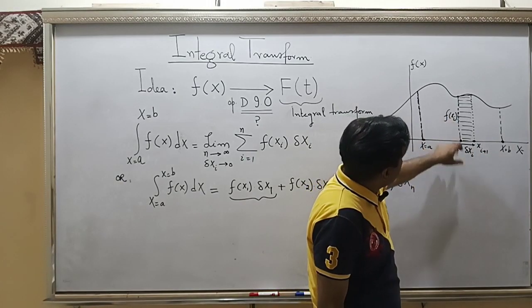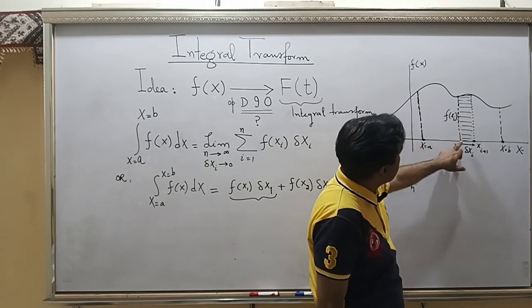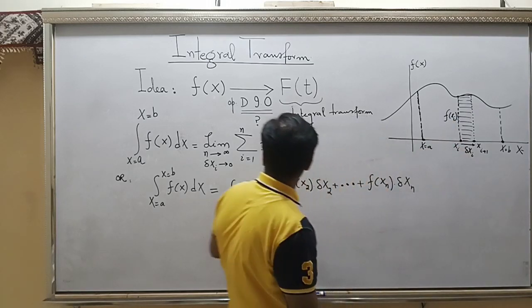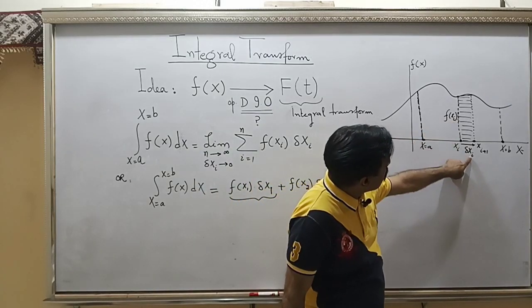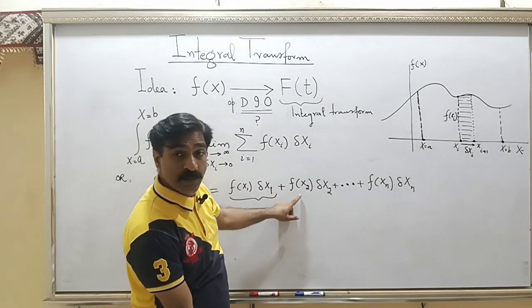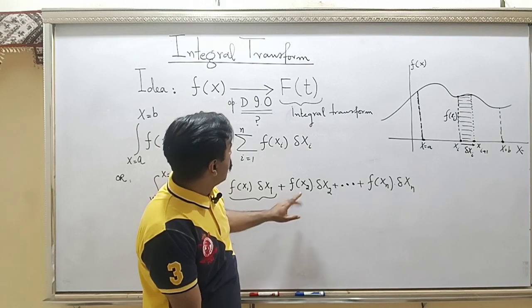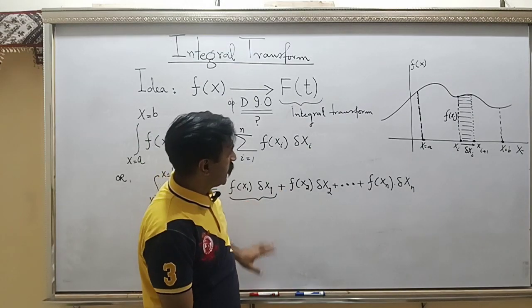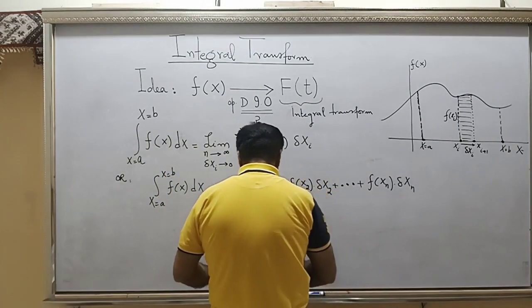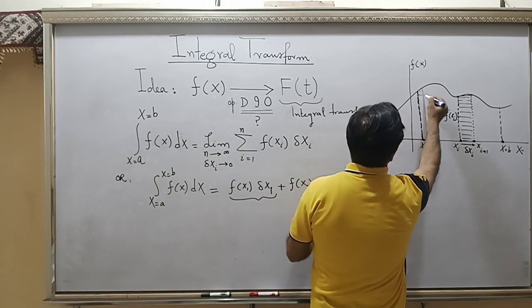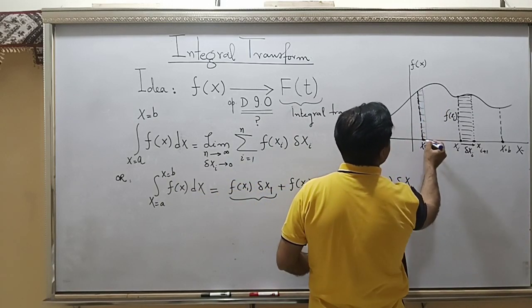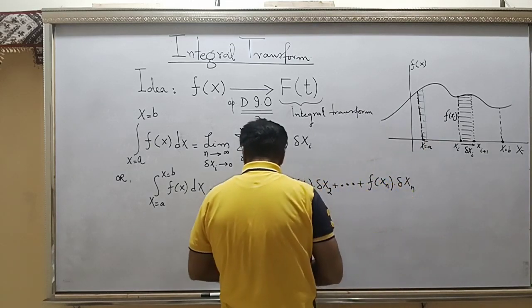Now, if i is 1, then it is f(x1) delta x1, meaning this term. When i is 2, it is f(x2), this is delta x2, this term. So this is the area of a rectangle. You can also plot these. This is the first rectangle, the blue one, whose width is delta x1.